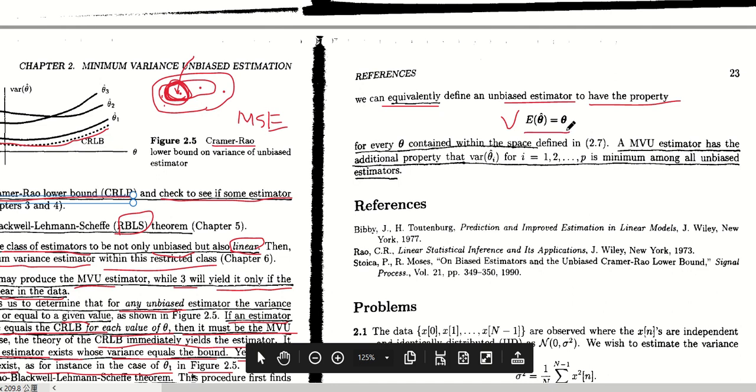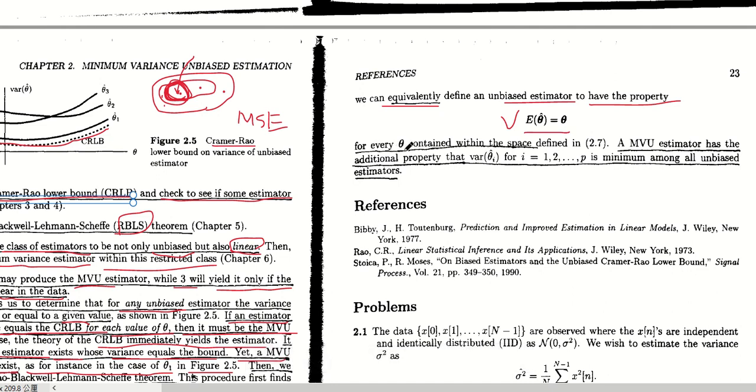If that holds, then we call it unbiased. An MVU estimator has the additional property that its variance is the minimum among all unbiased estimators. Okay, so let's stop.